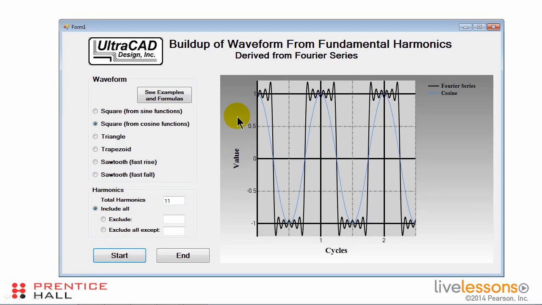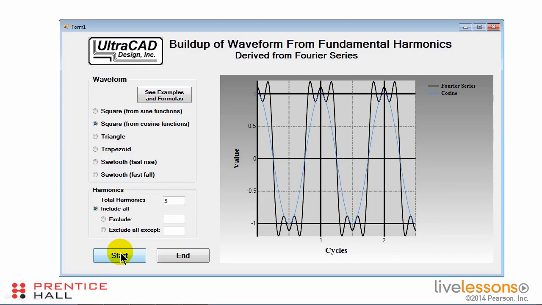And there is what 11 harmonics give us. And if we go to, say, 5, that's what 5 harmonics give us. And as we go to fewer and fewer harmonics, the approximation gets worse and worse. Or as we use more and more harmonics, the approximation gets better and better.